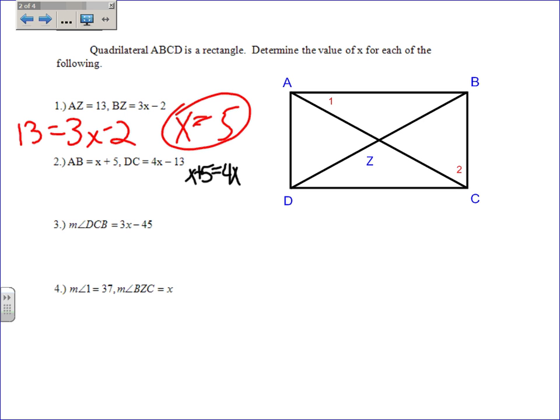So, this problem looks like x plus 5 equals 4x minus 13. All right. So do we agree that x plus 5 better equal 4x minus 13?